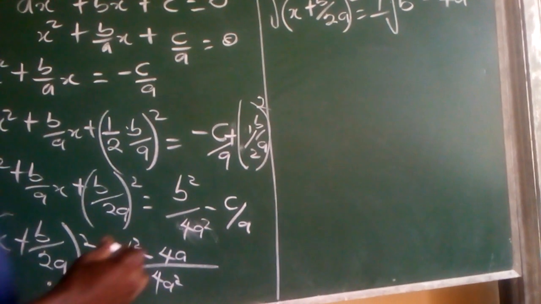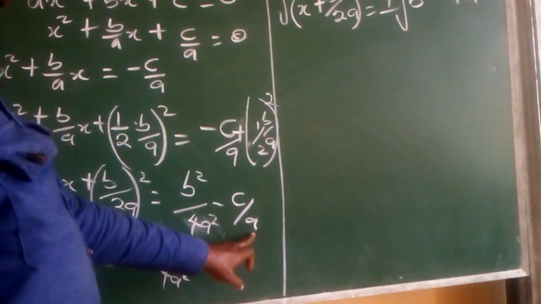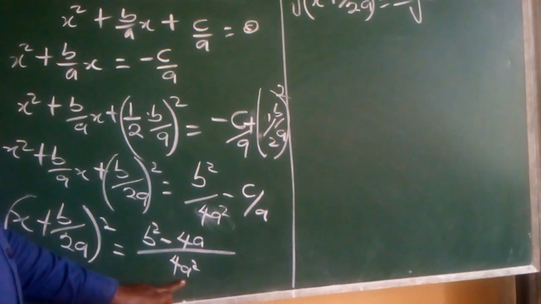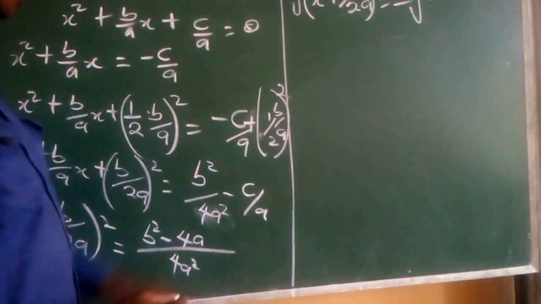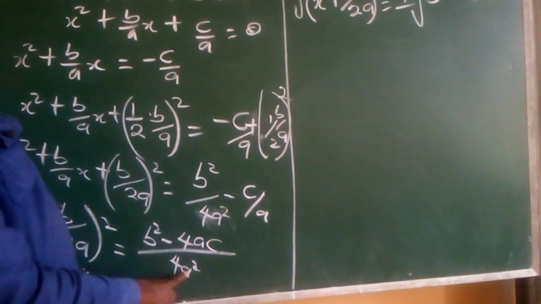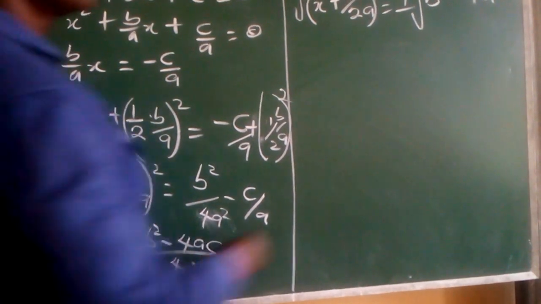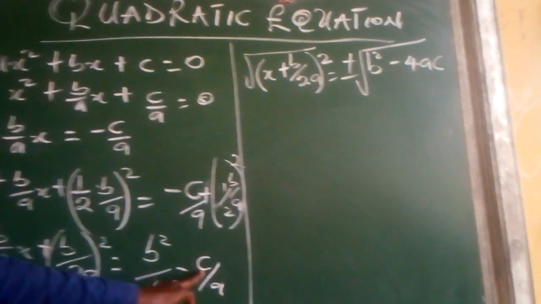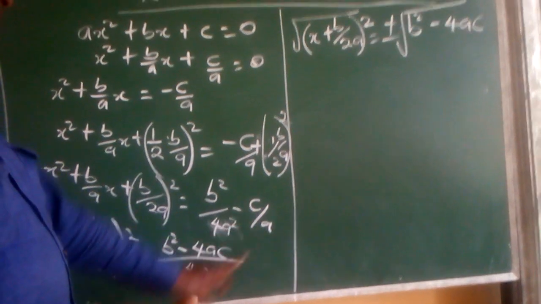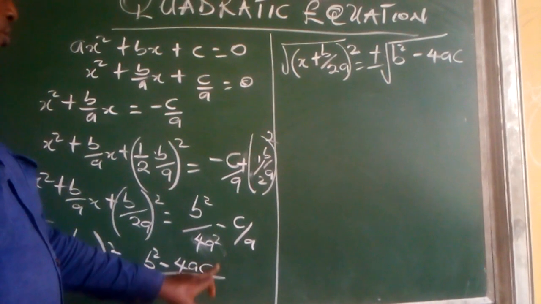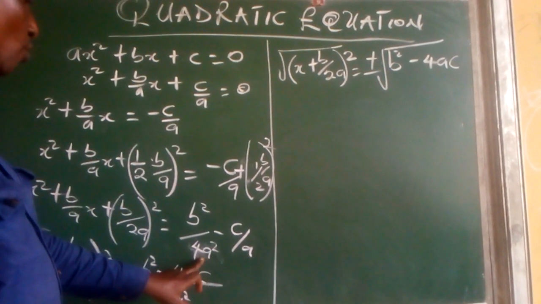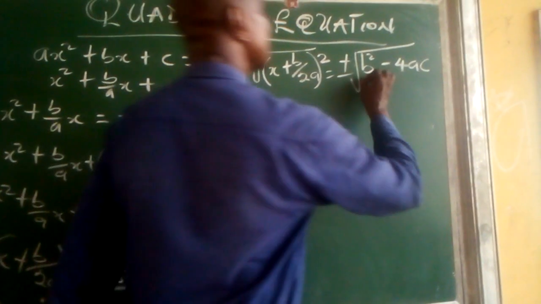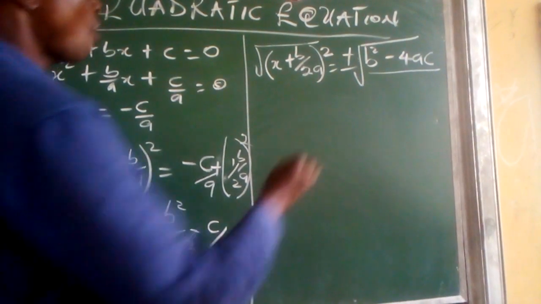Now remember that when this a goes into 4a squared, it gives 4a. This 4a multiplies c to give us 4ac, so that what we have here is 4ac. Take note that this c must be reflected in the expression. So when a goes into 4a squared, it gives us 4a, to multiply c to give us 4ac, divided by 4a squared.